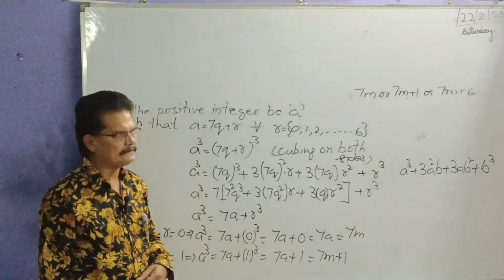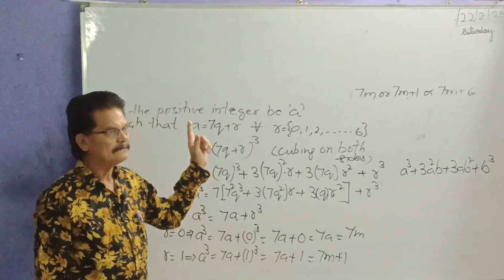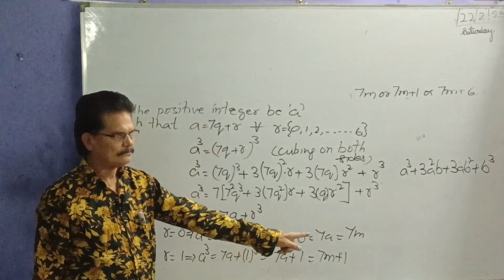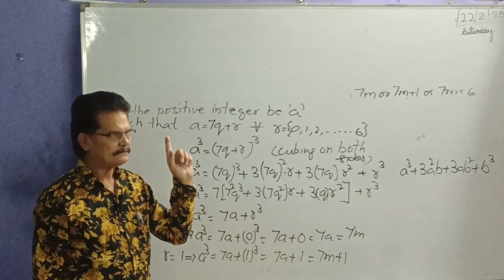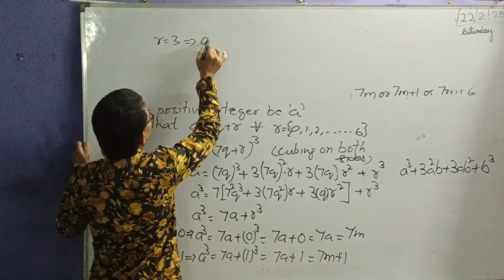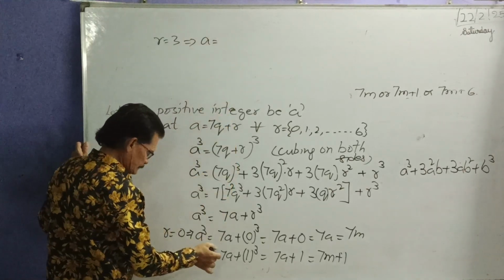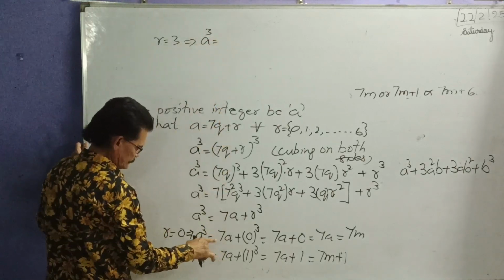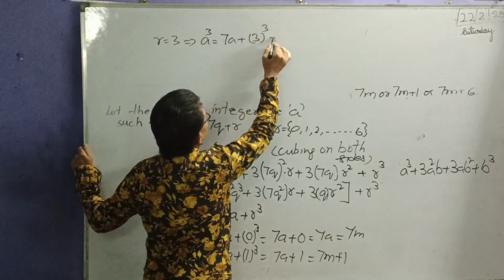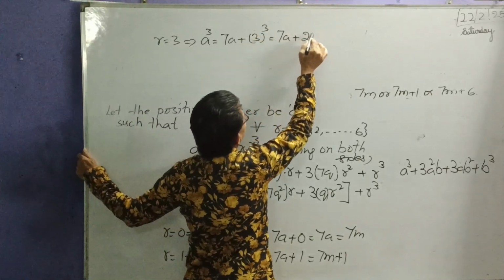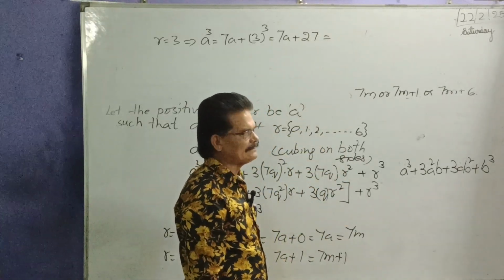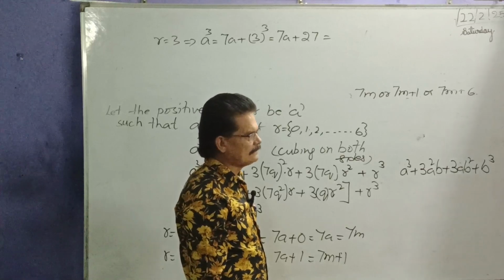Until where we have to take? Until 6. Now I am taking r as 3, not 2. 2 you all do. 3 I will do. So r is equal to 3 implies a cube is equal to 7a plus 3 cube, that is 7a plus 27. You know the 7 tables, all of you? 7 3s are 21.